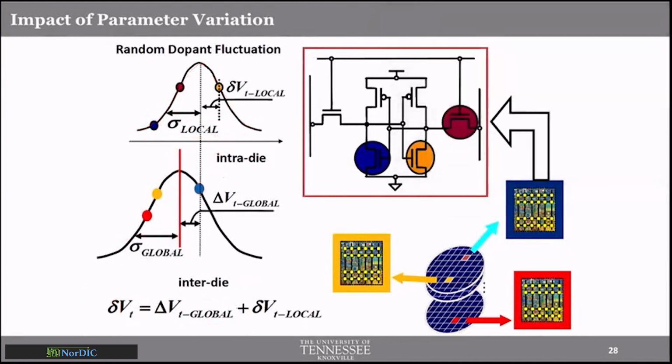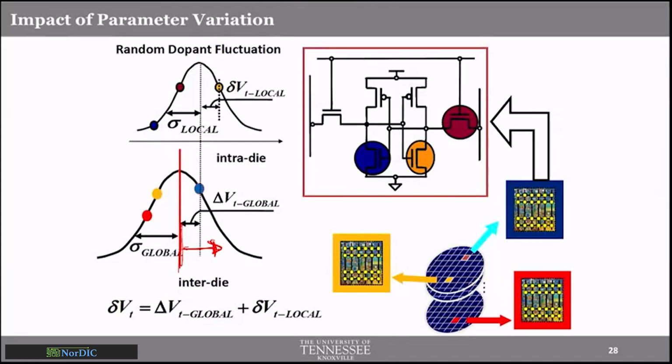And by the way, let me tell you something. If this is a threshold voltage, we are looking at the distribution of a threshold voltage. If you are on this side, you'll have larger threshold voltage. Remember, larger threshold voltage makes a transistor weaker. We talked about this way before, towards the beginning of this course, where we talked about MOSFETs and FinFETs and their threshold voltages.